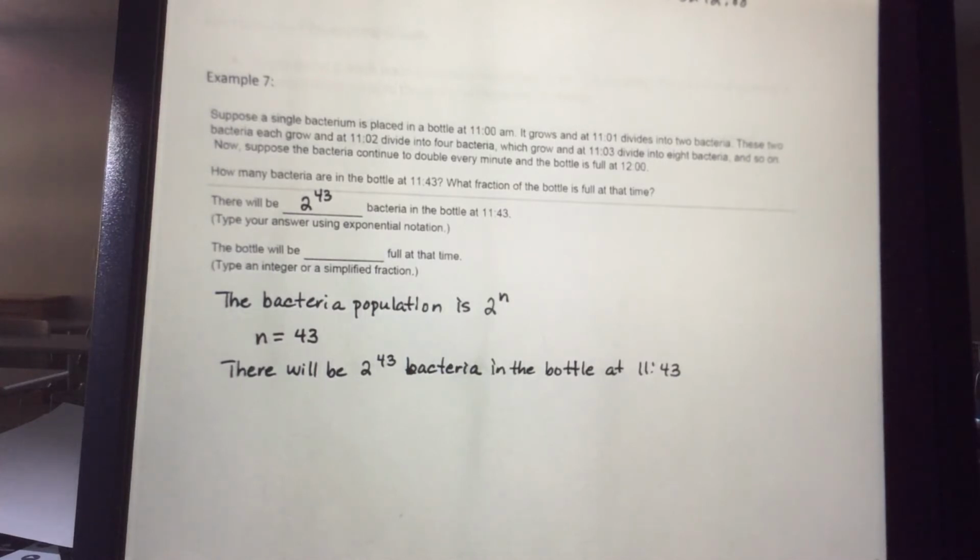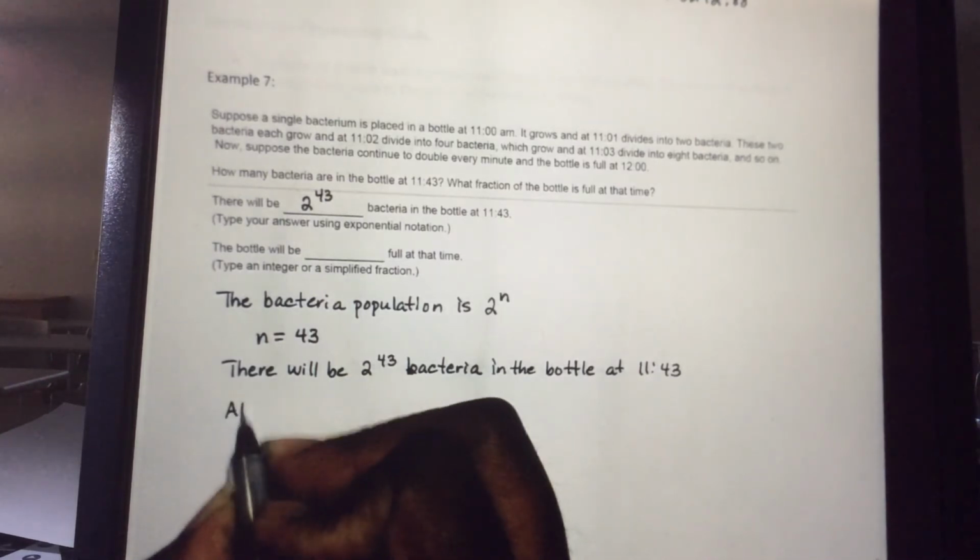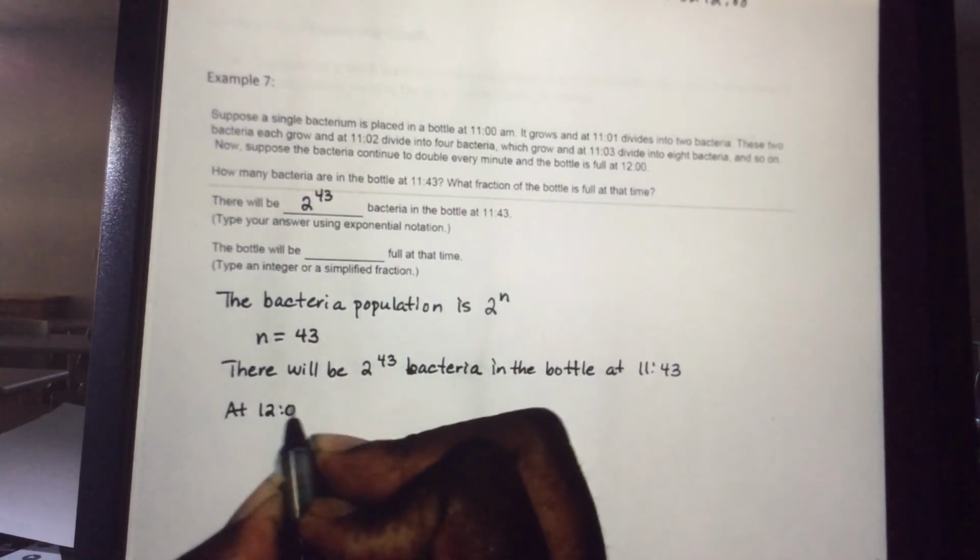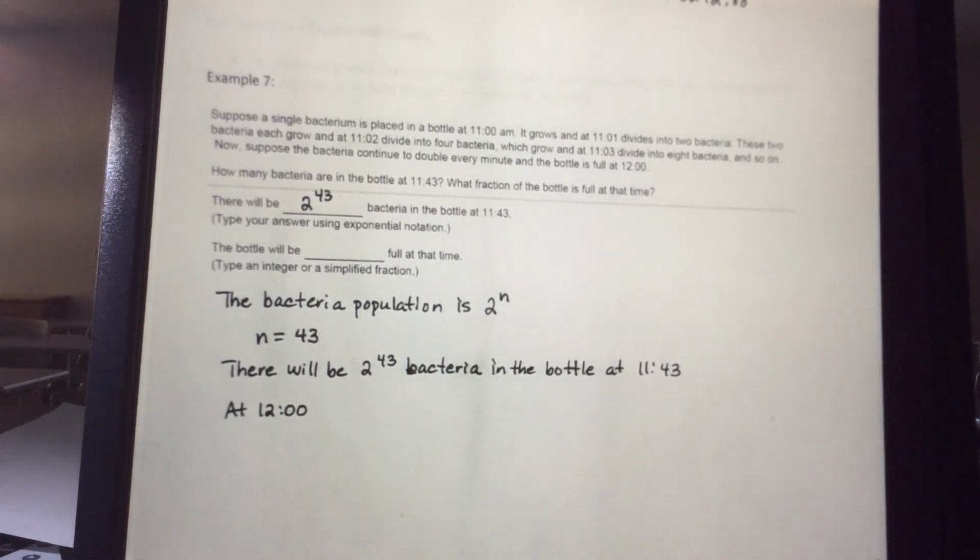Okay, now we want to find out the bottle will be blank full at that time. So here we want to find out what fraction of the bottle is full at that time. Now, let's think about this. At 12 o'clock, the bottle will be full.